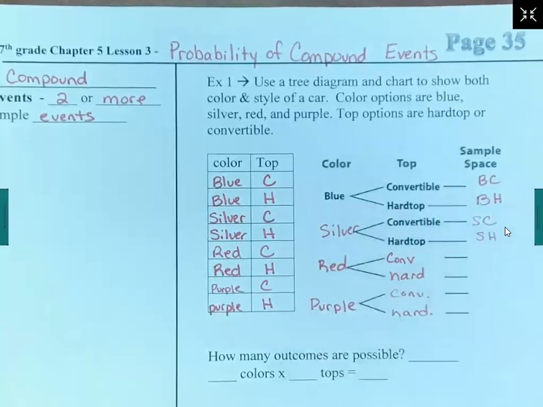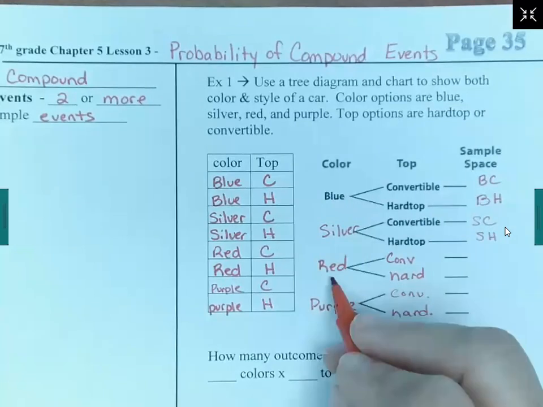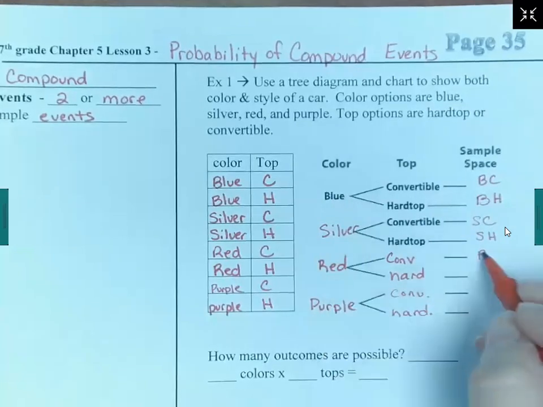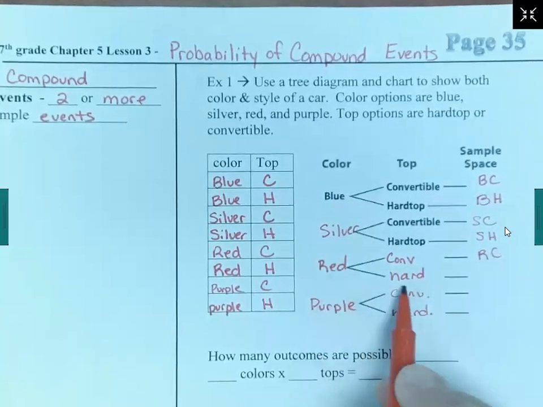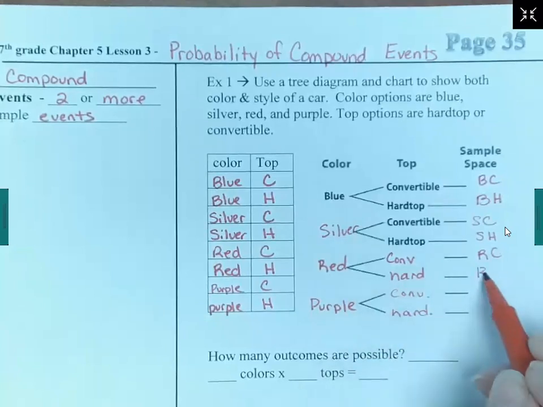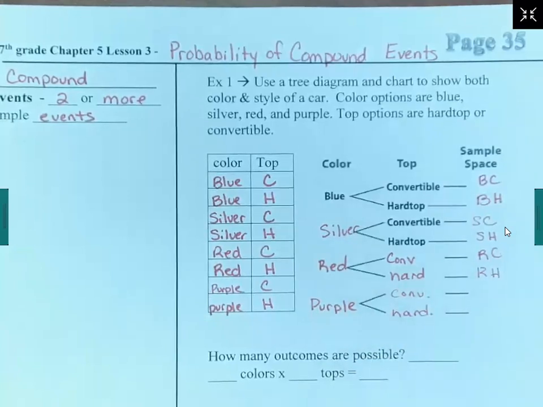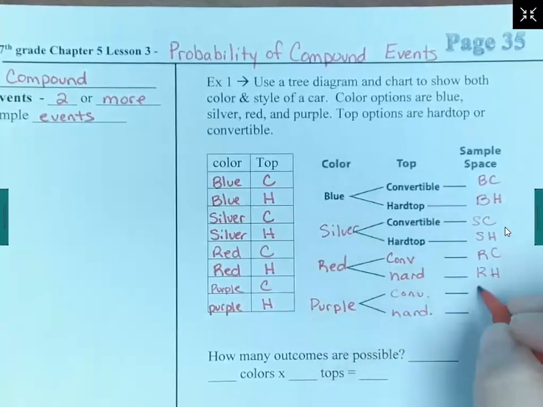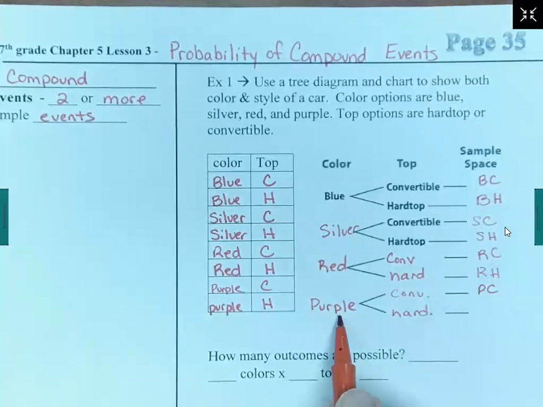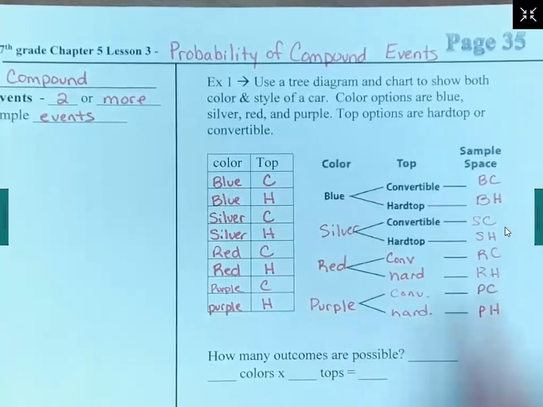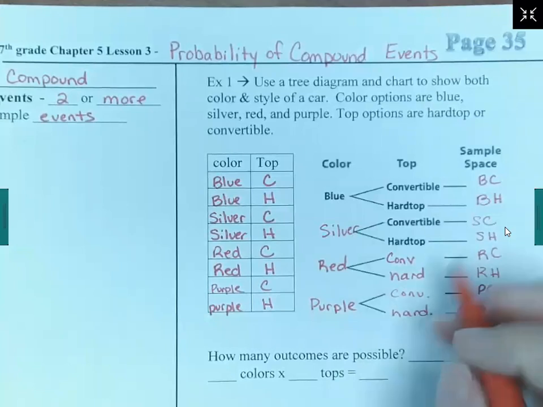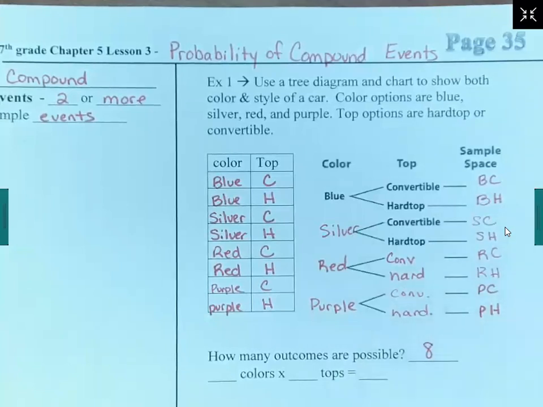And then the next one would be, and the next one. And the next branch. And then, okay, so how many options or possibilities did we get? 8. So those are 8.